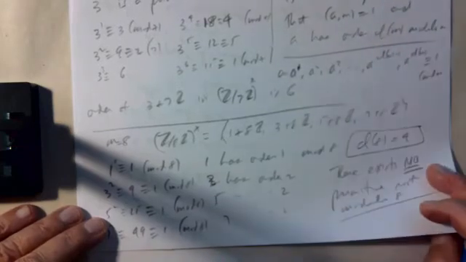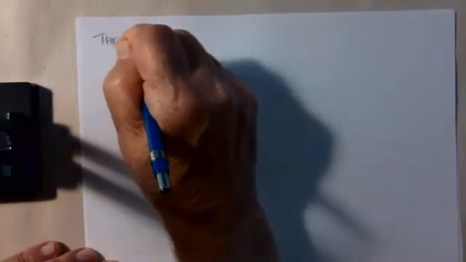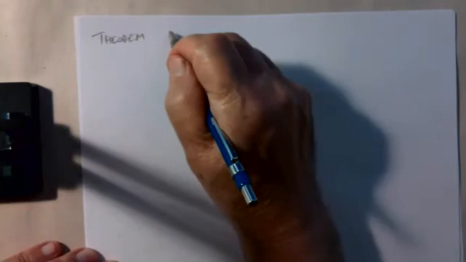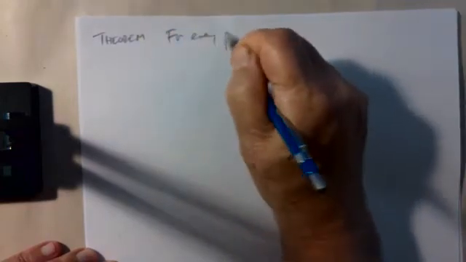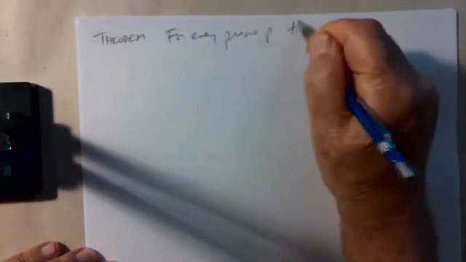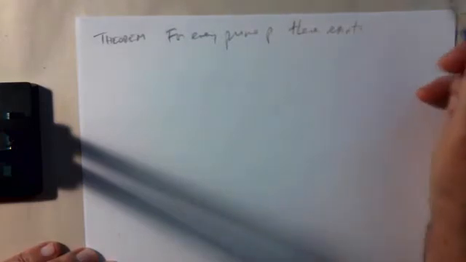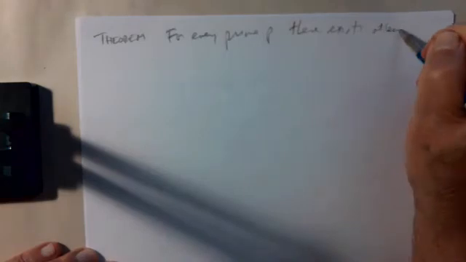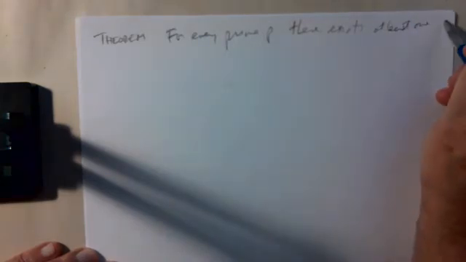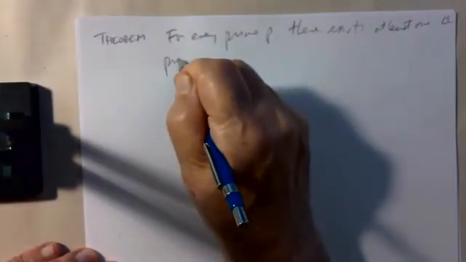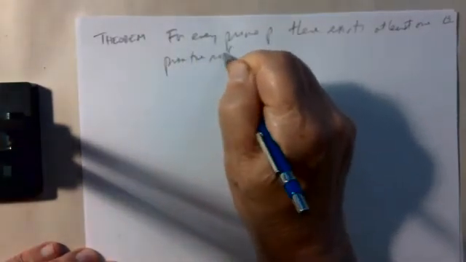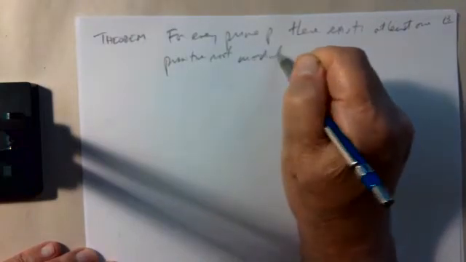And the big theorem about primitive roots that we'll prove next week: for every prime p, there exists at least one primitive root modulo p.